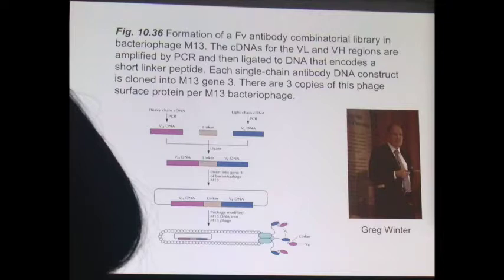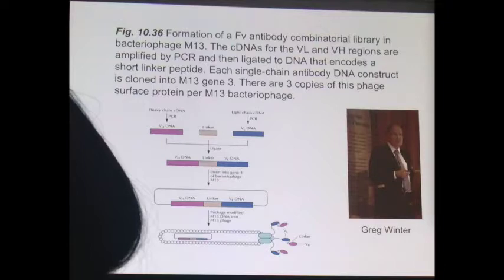And it's an elongated bacteriophage. So I've shown it here. These little circles are supposed to be coat protein. Here's the genome, the bacteriophage genome, with the DNA spliced into it. And at one end, we have protein 3.